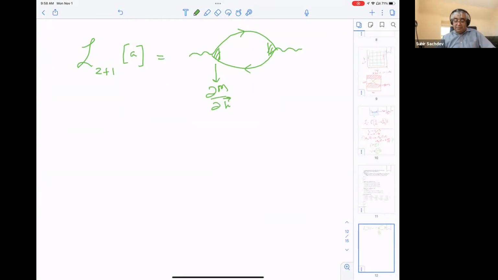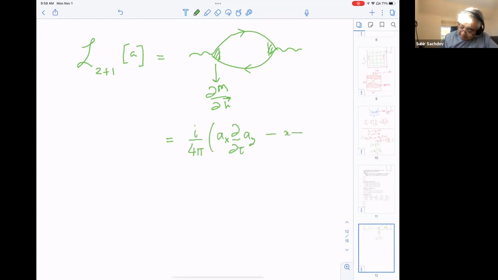So you evaluate this for the case I'm interested in, and you get a term which will be something like this. It will be, I hope I get it right, i over 4 pi, times A_x d/d tau A_y minus x goes to y, and I'm not including the contributions coupling to A_x and A_y. And then you get a coefficient, which I'll call c.